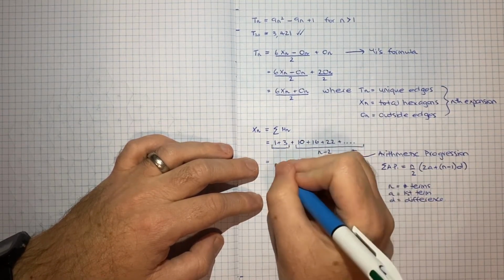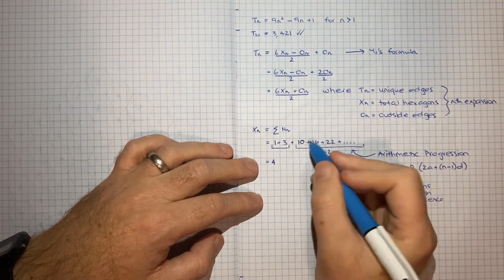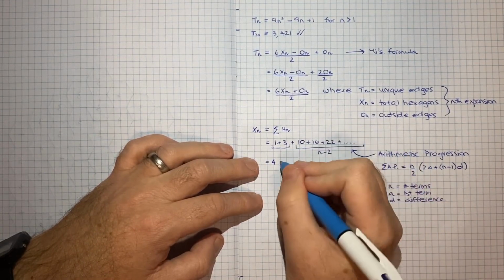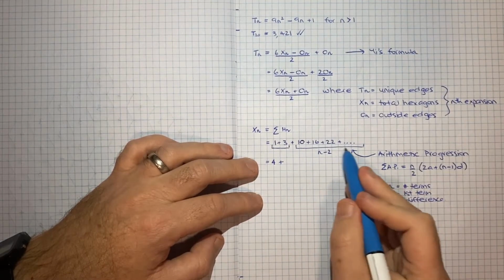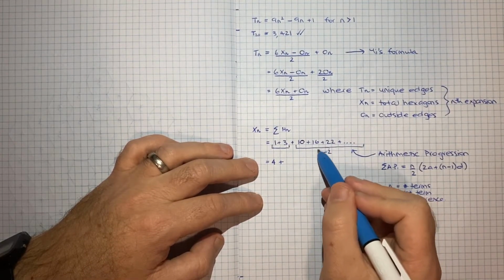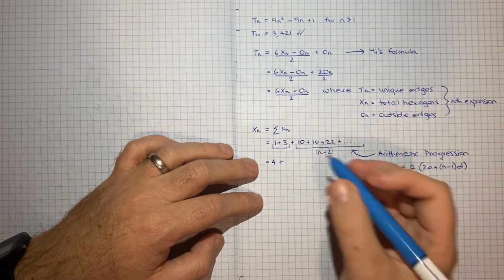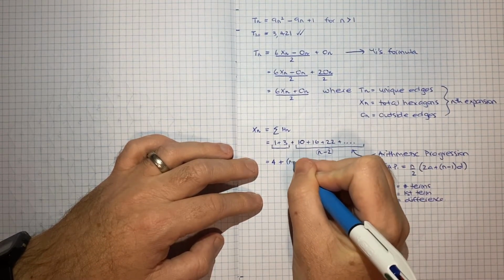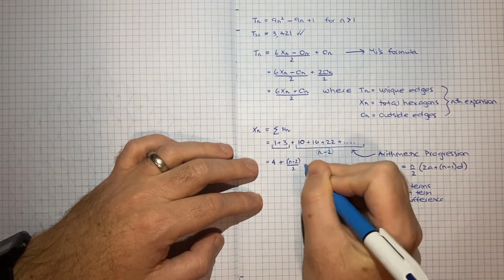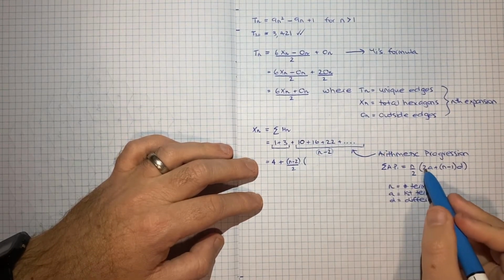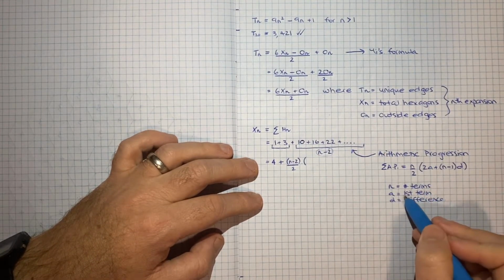is 1 plus 3 is always 4. And then this remaining bit here, what that will add up to is, we've got n minus 2 items. So wherever we see n, we'll just put n minus 2. So we'll get n minus 2 on 2 times 2 times the first term a.